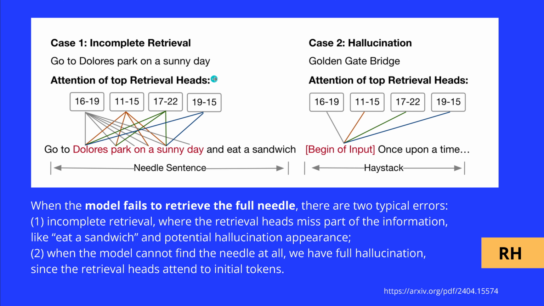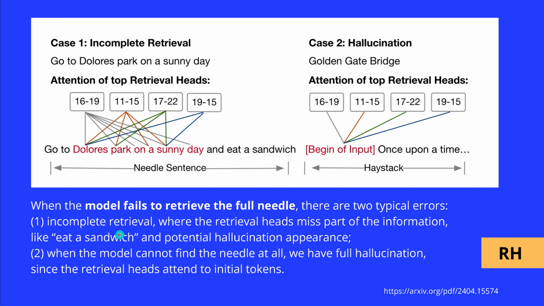Now, if our LLM was not pre-trained well enough, we have an incomplete retrieval, and the retrieval heads only detect, if you want, Dolores Park on a sunny day, but miss part of this sentence, like eat a sandwich.